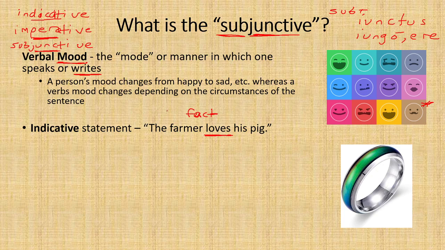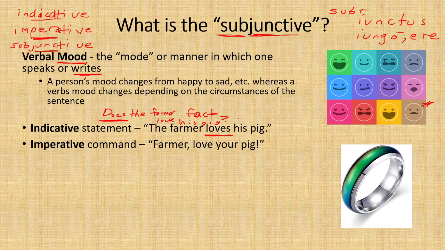And we can also see that indicative isn't necessarily just a sentence like this, but it can also be a question. You could rephrase it as, does the farmer love his pig? And that would also be indicative. The verb is still indicative. It doesn't make a difference if it's a question or just a general statement.